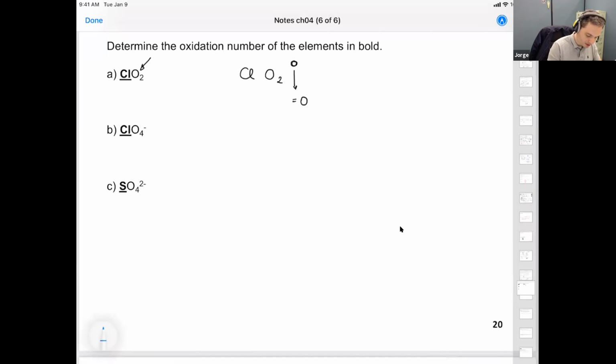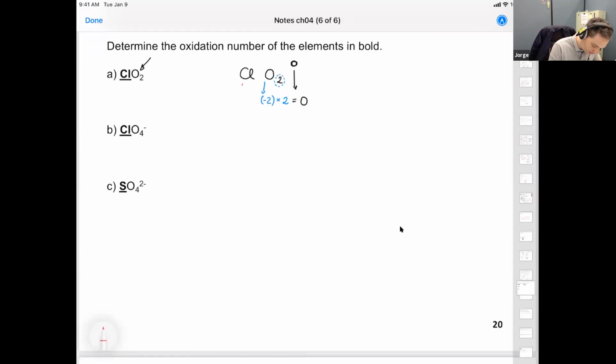We know that oxygen usually has oxidation number -2. So let's write here -2 is the oxidation number of oxygen. However, we have two atoms of oxygen in the structure, which means we have to multiply by 2. Always multiply the oxidation number by the number of atoms in the structure.